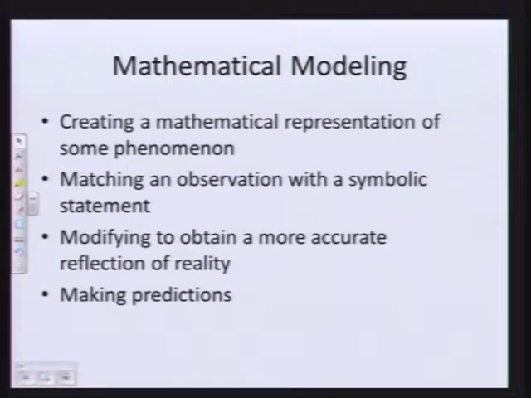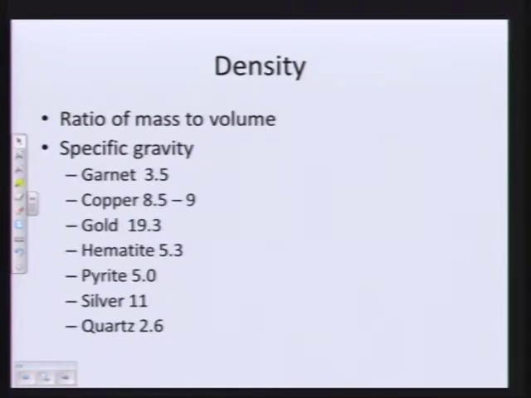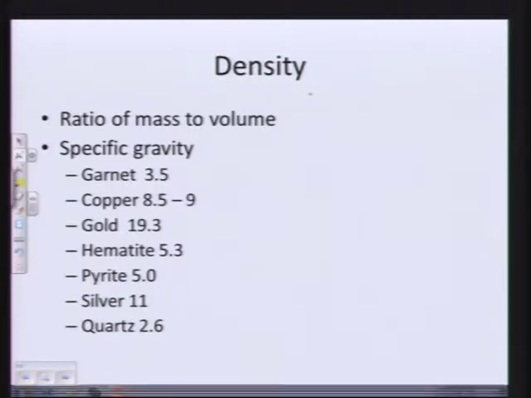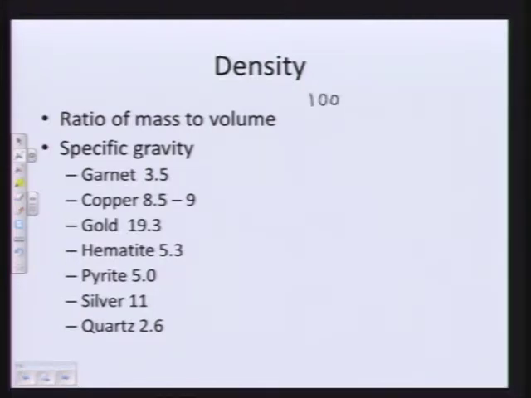The idea that we're going to model today is the concept of density. And density is a ratio of mass to volume. So for example, if I had a mineral that weighed 100 grams, and it occupied 50 milliliters of space, then simplifying that, I could say that the density of that material is 2 grams per milliliter.